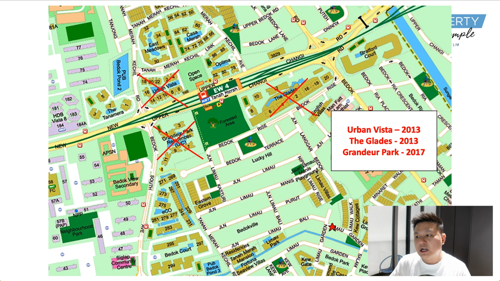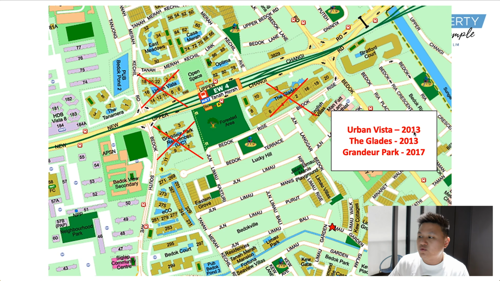And let's go down to another MRT stop away from Simei, which is Tanah Merah. So if you look at Tanah Merah, there are actually quite a few condos, but based on the map which I just used together for our analysis, we have to strike off this condo Urban Vista, we have to strike off Grandeur Park, and we have to strike off Glades. Why? Because during 2011, these three condos were not available.